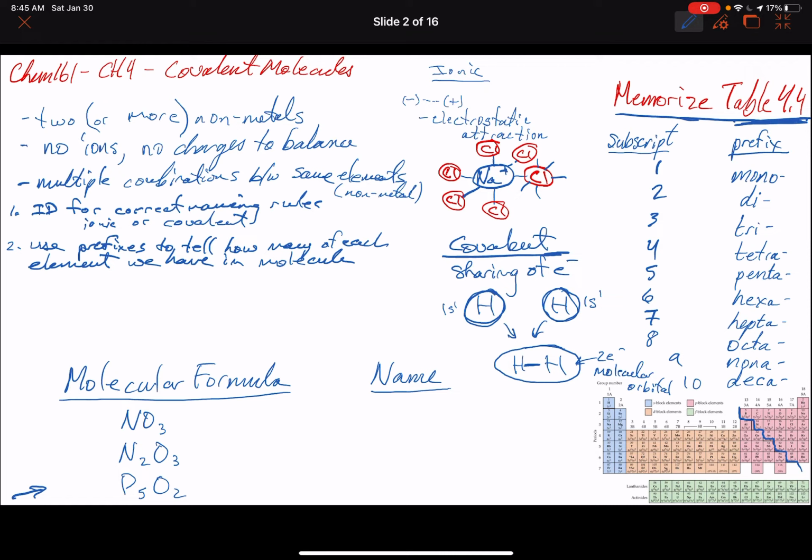Okay, a follow-up on 2. We'll call it step 3 here. Do not use prefixes.